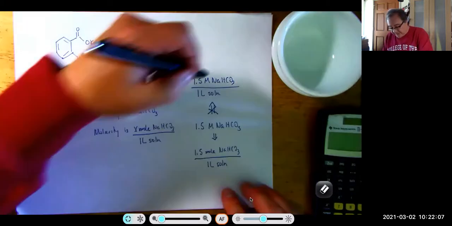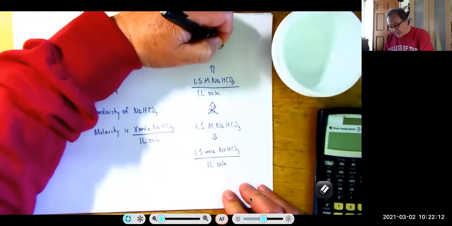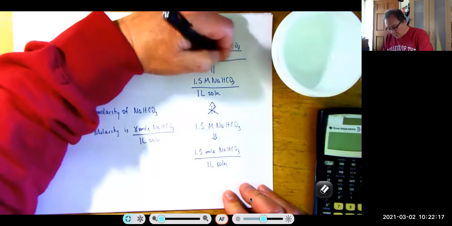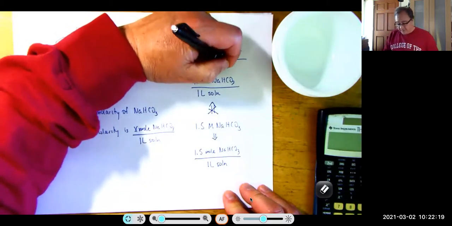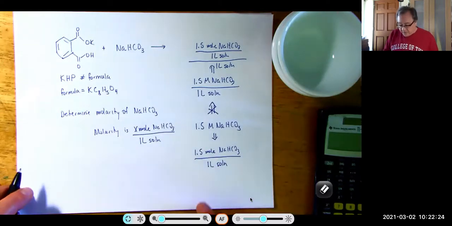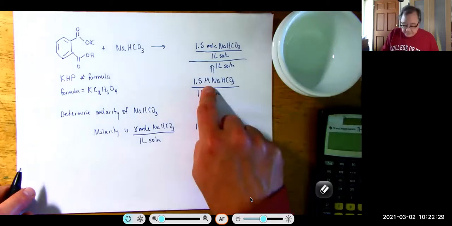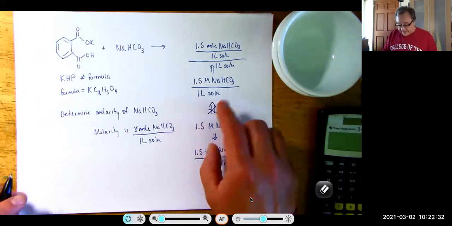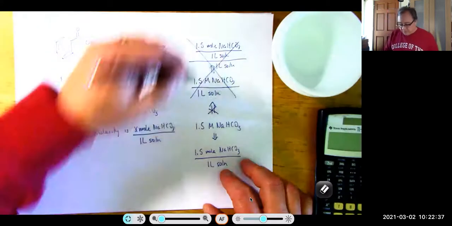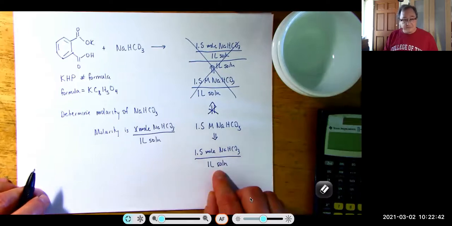What this actually means is 1.5 moles of sodium bicarbonate over 1 liter of solution, over 1 liter of solution. So that M includes a liter in it. We want to make sure that we do not turn this into that and put it over a liter, because you're forgetting something. So don't do this. This is a no-no. I'm going to put a big X through here. So when you turn this into a ratio, you put mole on top and liter on the bottom.